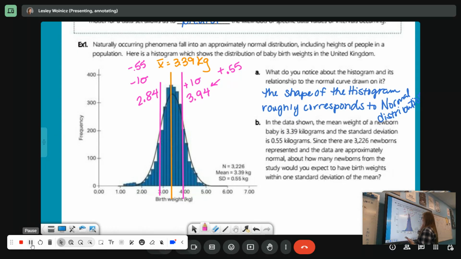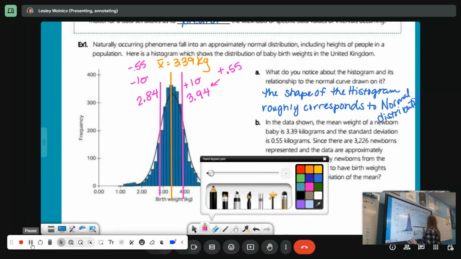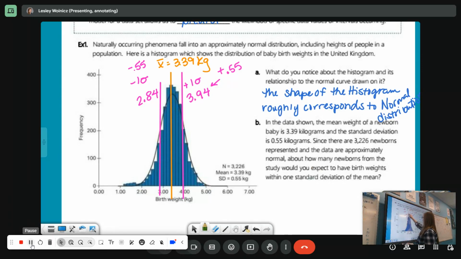Now, because this distribution roughly corresponds to a normal distribution, we can expect that within 1 standard deviation of our mean, 68% of our babies fall in that interval.